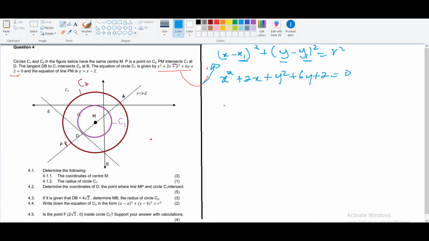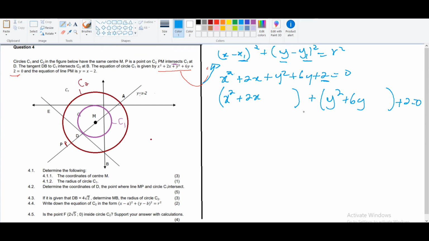So we rearrange our terms into bracket, our x alone. Let's put our x into bracket and leave a space, plus the y's in their own bracket, y squared plus 6y, leave a space, right? The constant term is there, plus 2 equals to 0.